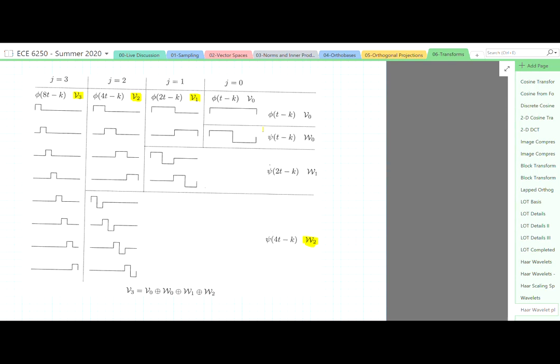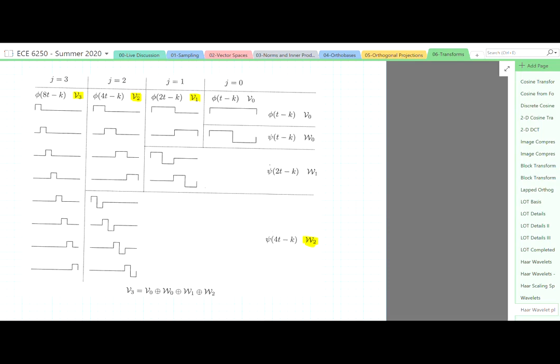The averages look kind of like a low-pass filtered version, and the differences look like a high-pass filtered version. And so you take your individual samples, and now you represent it in the two spaces with a lower j number that represent high frequency content and low frequency content of those samples.